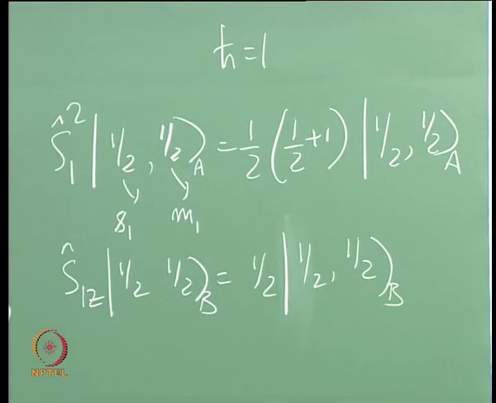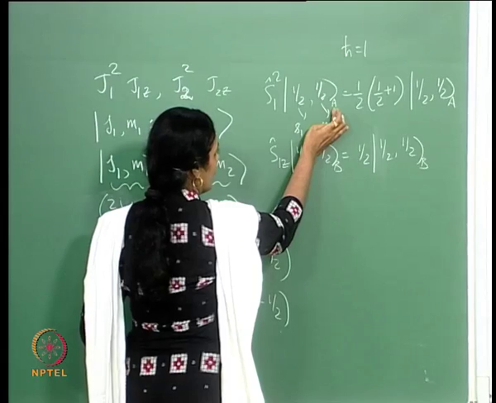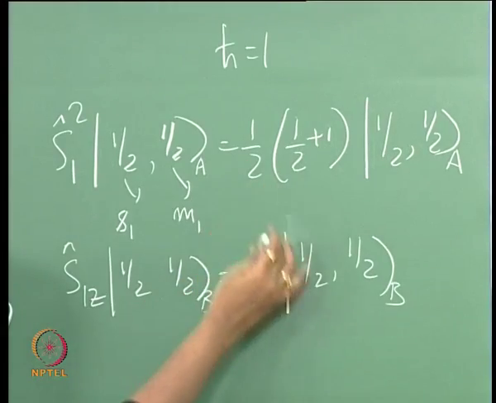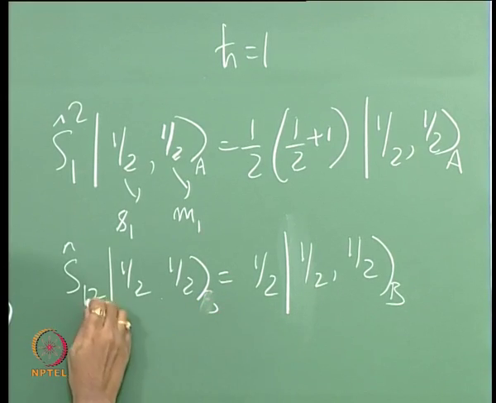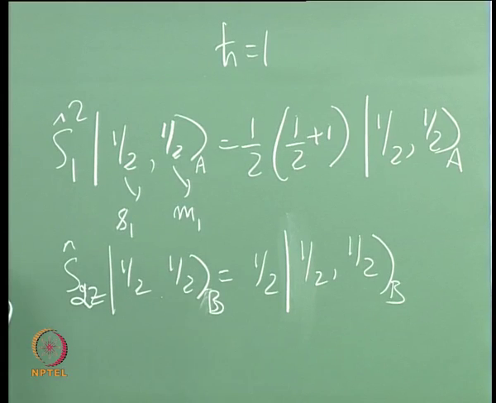as I did in the case of the harmonic oscillator, to show that system 1 gets denoted by a subscript A and system 2 gets denoted by subscript B. S2z acting on half half gives me half half half. So, that is the way it is.